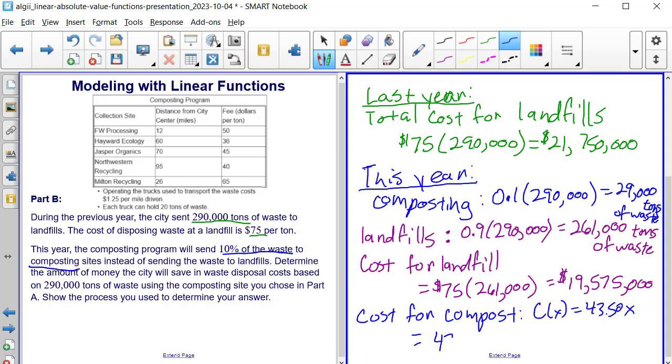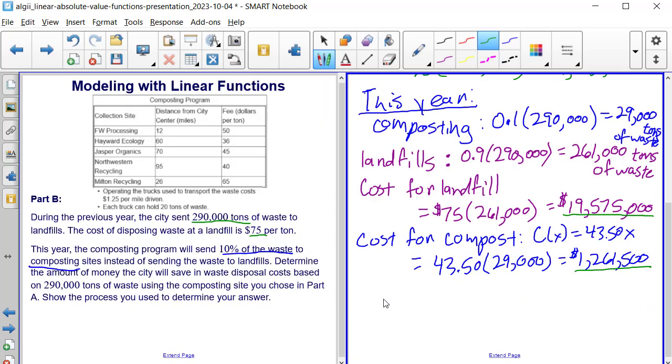So we have $43.50, and we're multiplying this by the 29,000 tons. When we do this multiplication, we end up getting $1,261,500.